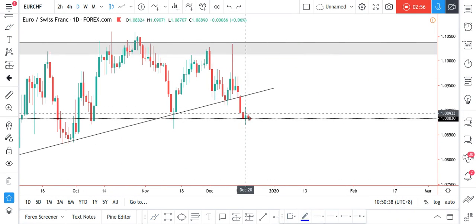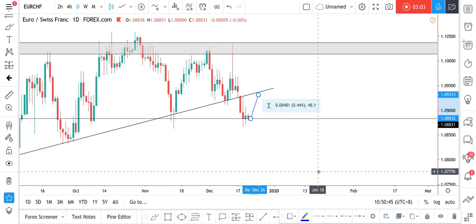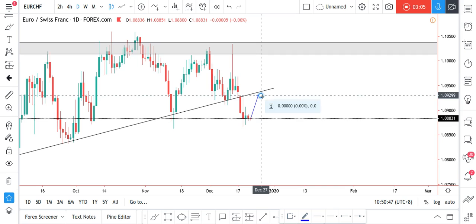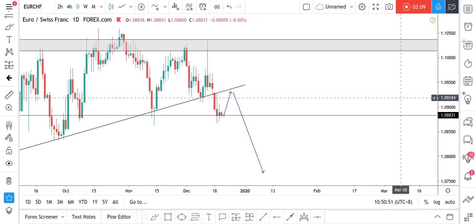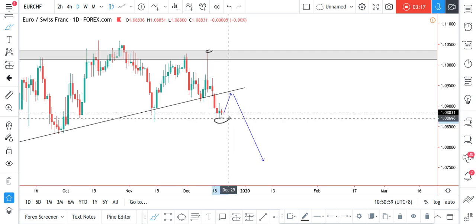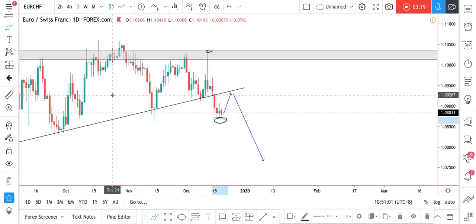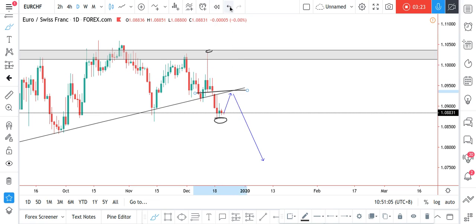On this pair we are waiting for a nice push to the upside. Once we have a push to the upside, we can then look for an entry for a sell opportunity. If you want to be quite accurate with this move, all you have to do is take your Fibonacci from this high of the impulse to this low of the impulse, and you will find that there is a strong area of resistance in this area around here.